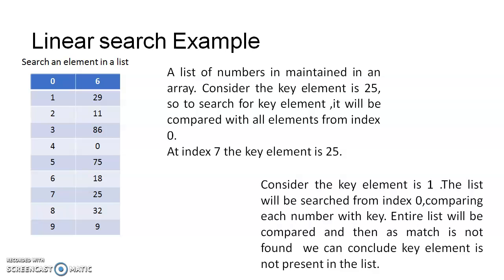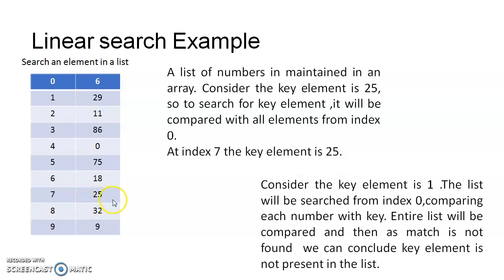It is observed that the key element is present at index 7. So the comparison starts from index 0. It will compare all the numbers sequentially till it gets the desired element, that is 25. And when the number 25 is found, the search stops, indicating that the search is successful.